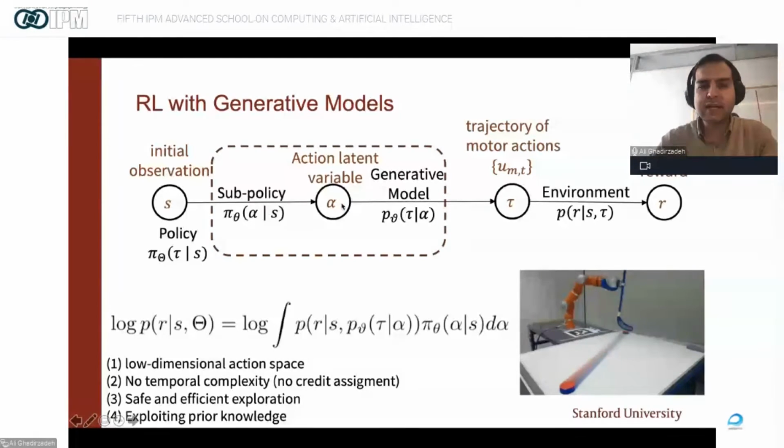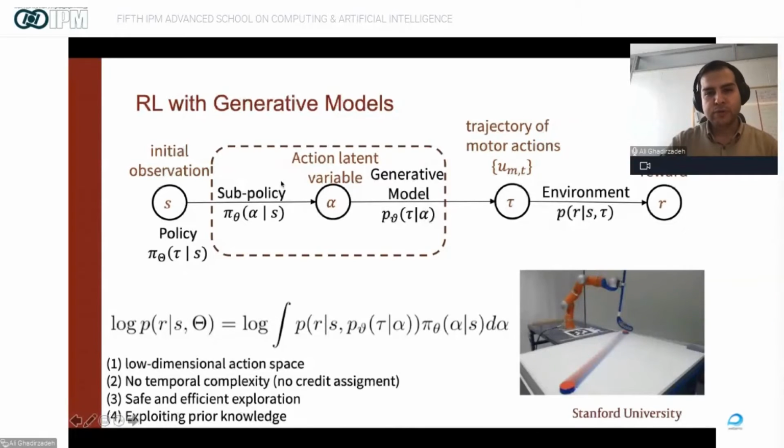Remember that I used the notation Z before to denote the latent variable, but here it is alpha. Conditioned on alpha, this generative model is now able to generate a trajectory, a sequence of motor actions, as the output. Then we have another component, a sub-policy, which assigns a distribution over the latent variable conditioned on the observation.